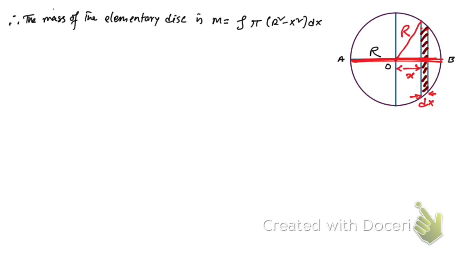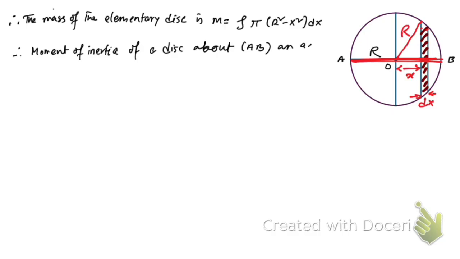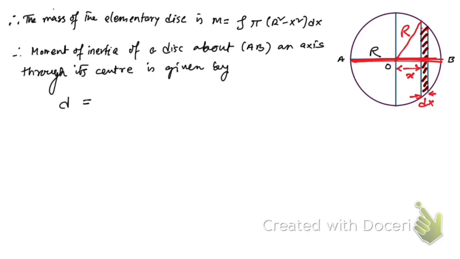And we know that the moment of inertia of a disc about AB, which is an axis through its center, is given by, let me write the moment of inertia of the disc as dI.